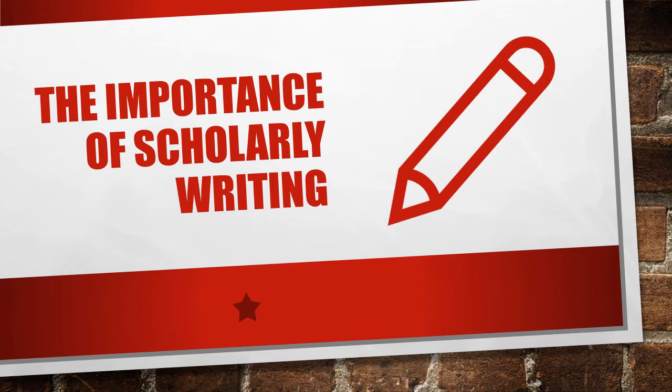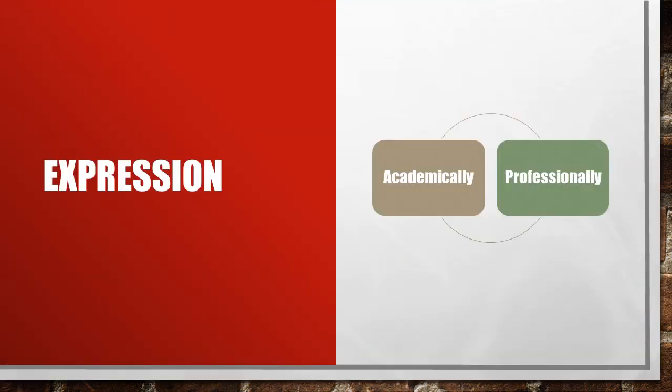Scholarly writing is the way in which we express ourselves, academically and professionally. And scholarly writing is material that you're writing for a very specific purpose, even with a very specific audience.